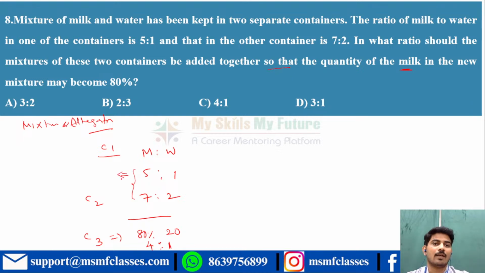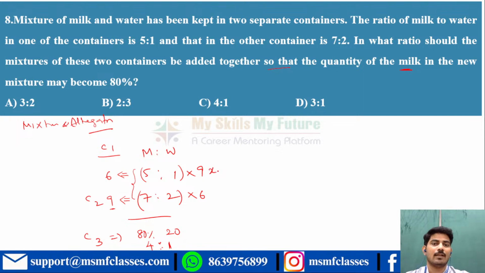For that, I take the number of parts. The number of parts in the first container is 6, and in the second container is 9. Whatever number of parts is present in the second container has to be multiplied with the first mixture, and whatever number of parts is present in the first container has to be multiplied with the second one. We don't know in what ratio we are mixing.